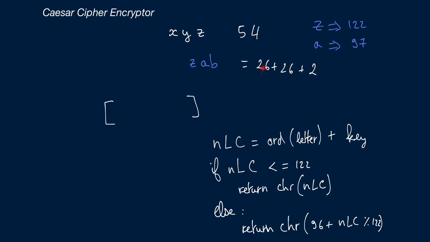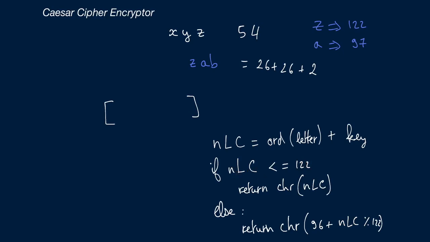And we know that 26 just gives us the same string, because we shift the letters by 26, so it brings us all the way back to the same letters. And so if we shift by 54, we shift by 26 once, then by 26 once, and then by 2, and we get ZAB.